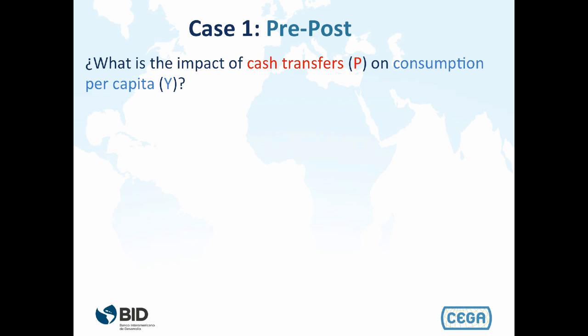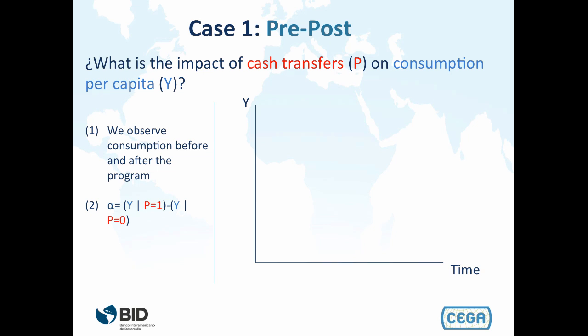So let's return to the question we've been looking at with example throughout this whole talk. What is the impact of cash transfers on consumption, on food consumption per capita, or Y? Well, what we're going to do is what is common in many programs: we're able to observe consumption before and after the program, before and after Fulanito got cash.